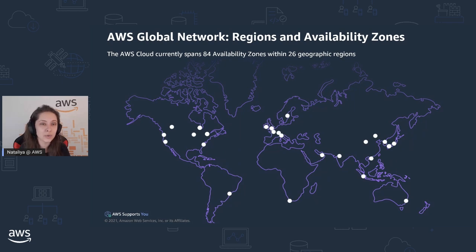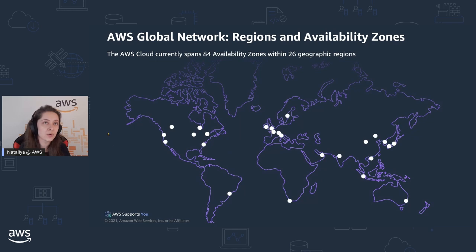So currently our network is made up of 26 geographic regions and 84 availability zones. One of the latest regions was launched just recently in the last few weeks. Each region is made up of at least 2 availability zones, and usually more than that. And most of the discussion today will be around regions and availability zones.